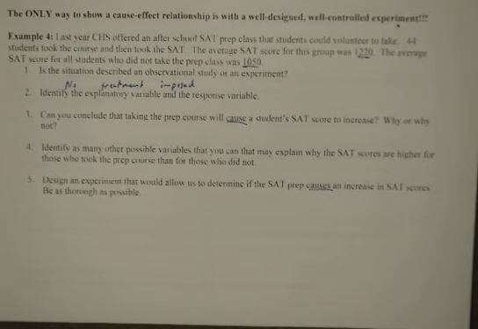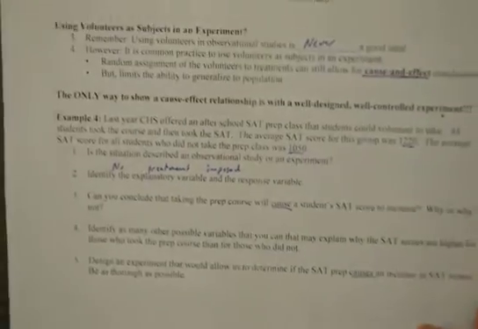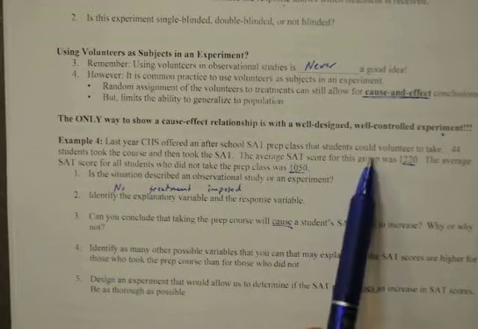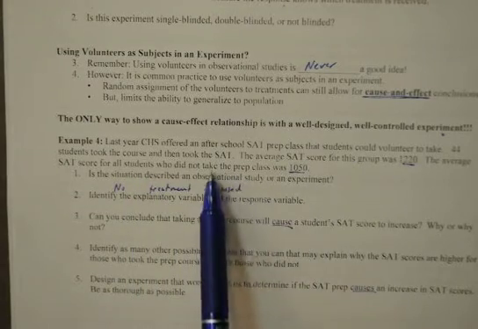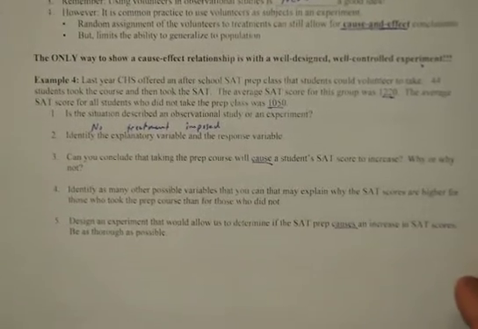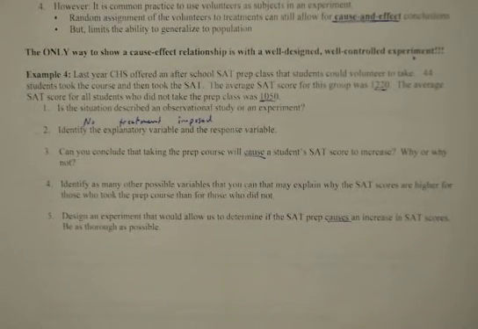So for example, we're talking about juniors. Let's say we have juniors, because juniors take the SAT, right? We randomly choose 100 juniors. These would be our experimental units, the 100 juniors, to be a part of the experiment.